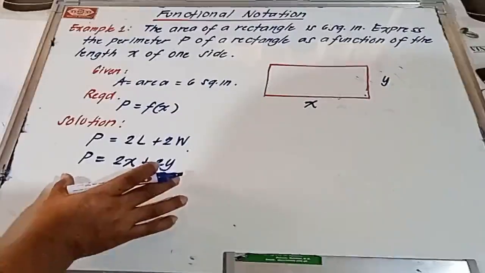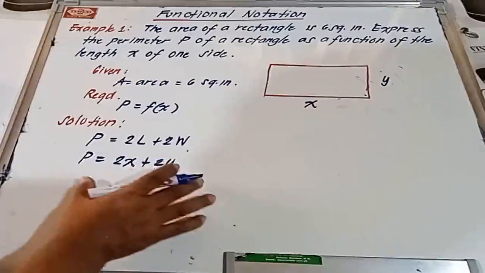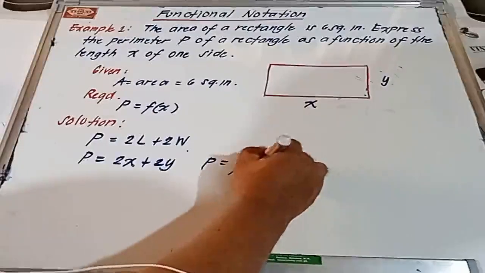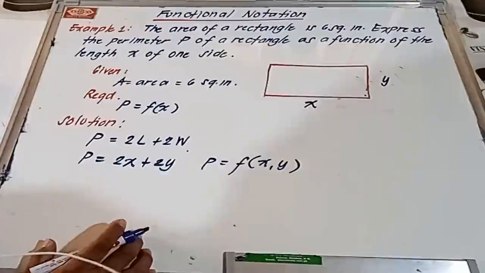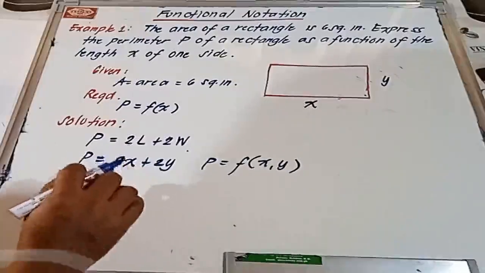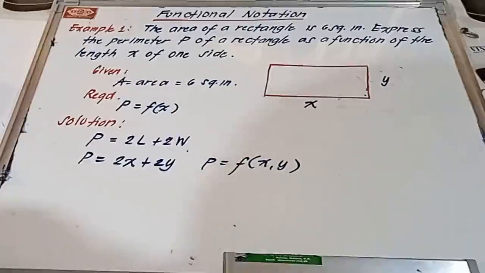But, this perimeter is a function of two variables, or P is a function of x, y. Okay? But the required is P as a function of x. So, therefore, we have to replace y variable in terms of x. Okay? Paano natin makukuha yon? From the formula of the area.